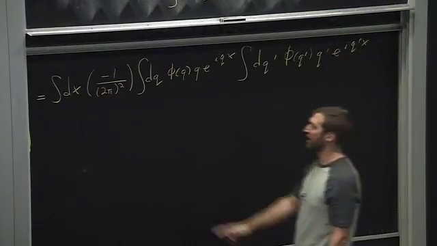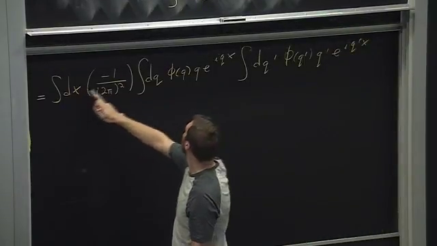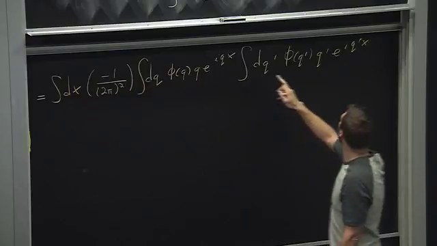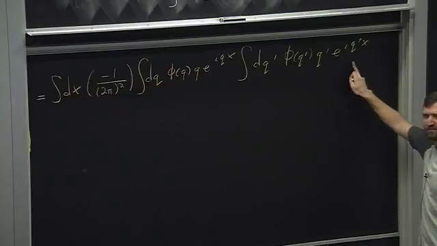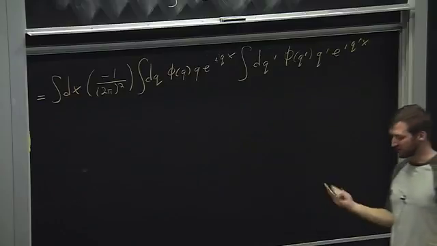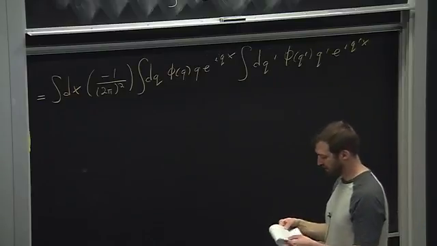Okay, so I have my integral over x. I have e to the i(q plus q prime)x. Okay, so that's the relationship between q and q prime.